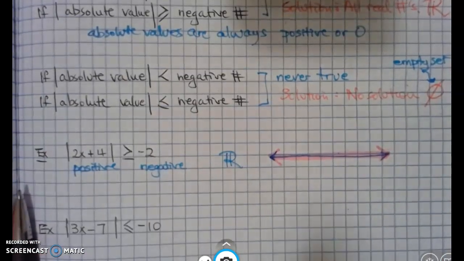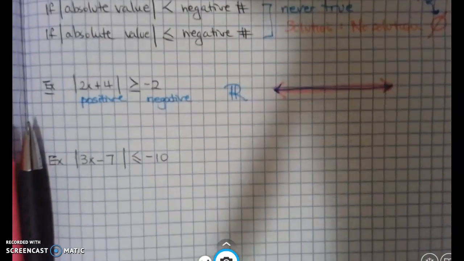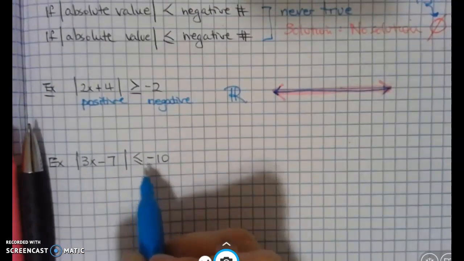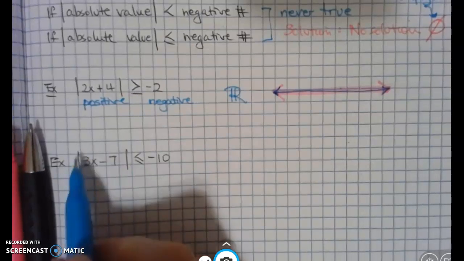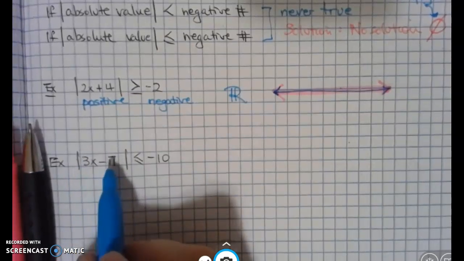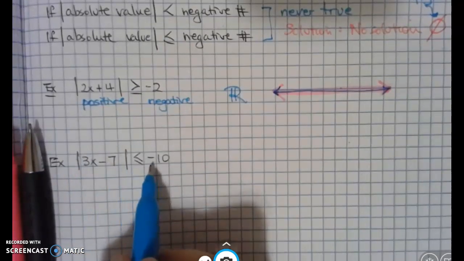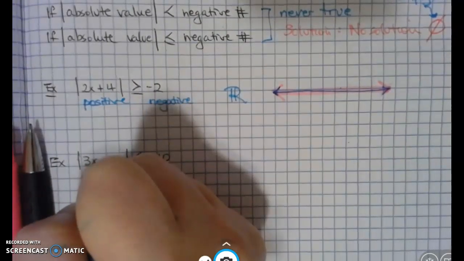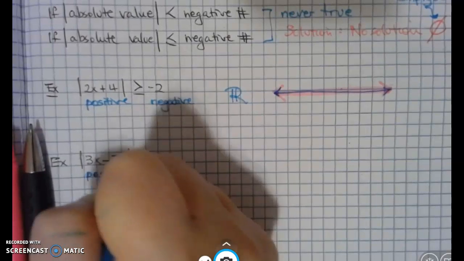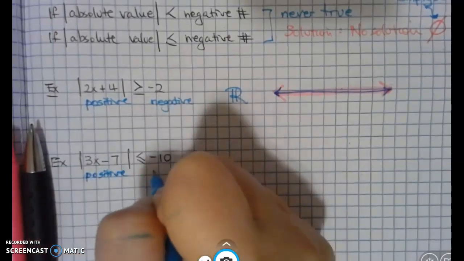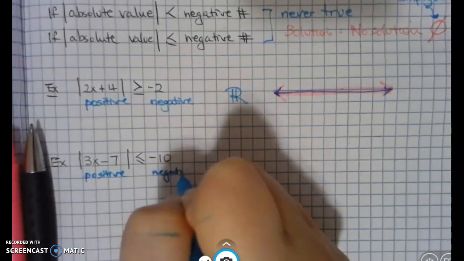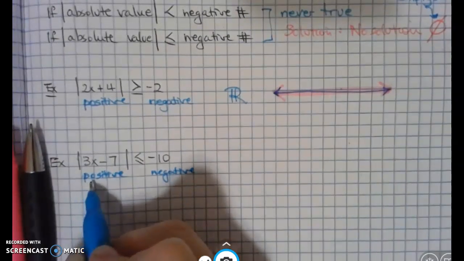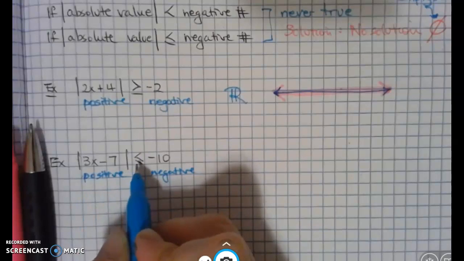Okay, what about the next problem? The absolute value of 3x minus 7 is less than negative 10. Can absolute value ever produce a number that is less than a negative number? It's never, right? It can't, because this is going to be positive and this is negative. Can a negative number ever be bigger than a positive number? That's what the inequality is saying.